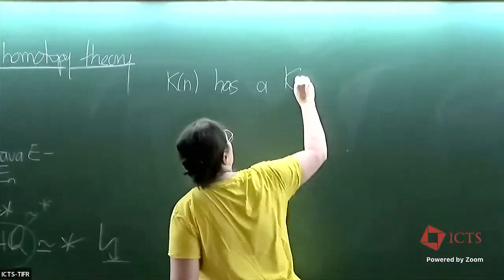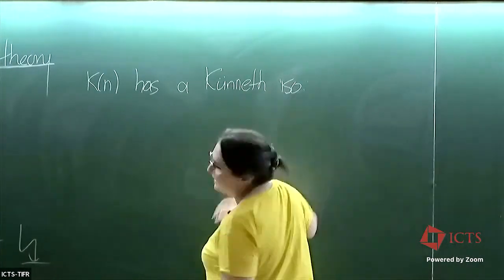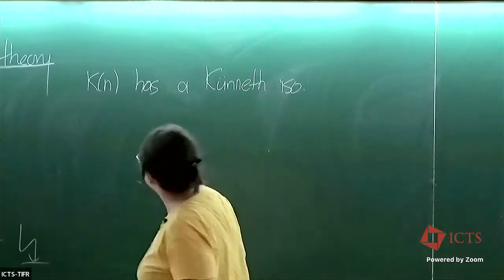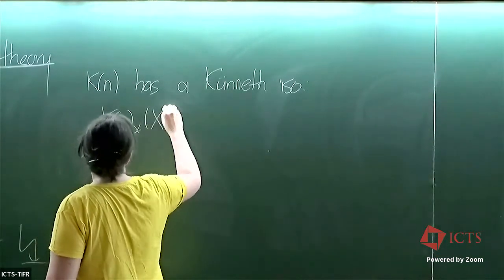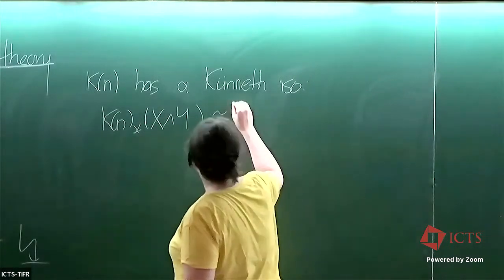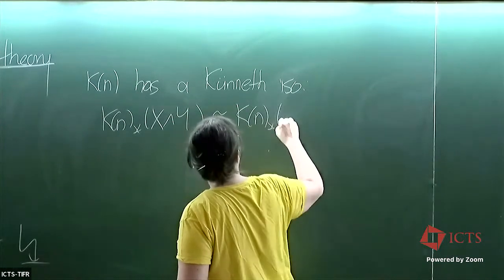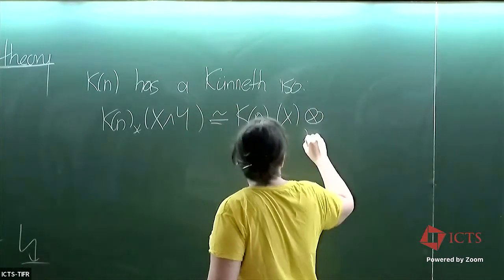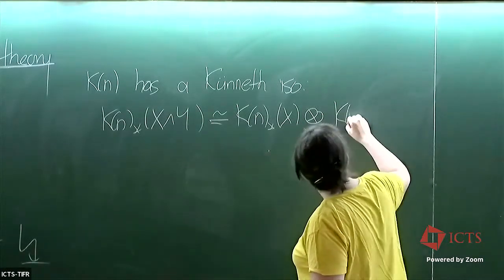So it has a Künneth isomorphism, namely that if you want to know what that is, then it indeed decomposes as a product of the two respective cohomology rings.